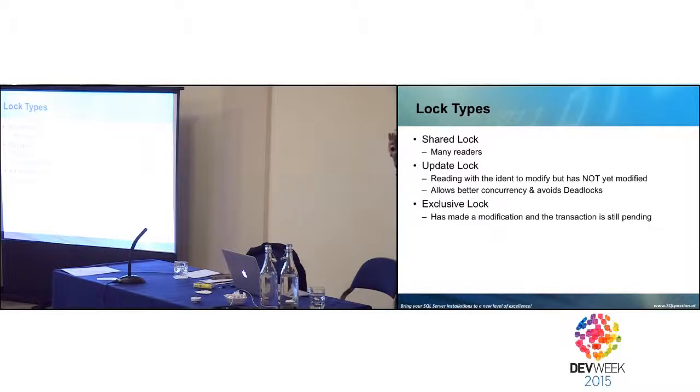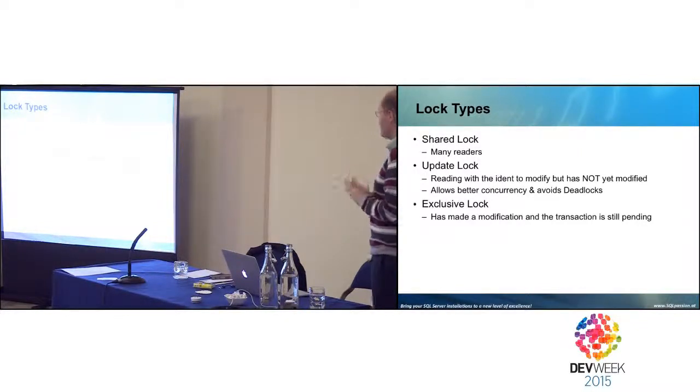And as we will also see later, the update lock is also needed to prevent some kinds of deadlocks. When you work in an update execution plan just with a shared lock in the reading phase, you could introduce a huge amount of different deadlocks. We'll also see that later.